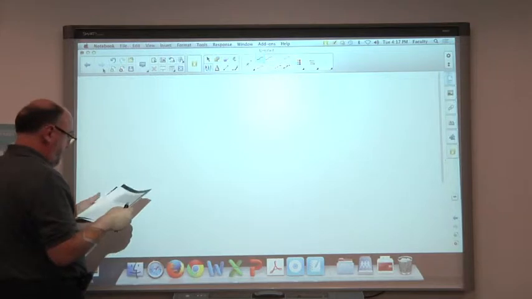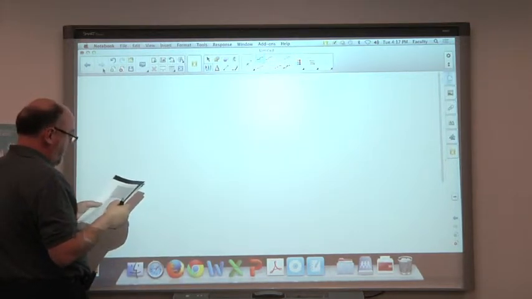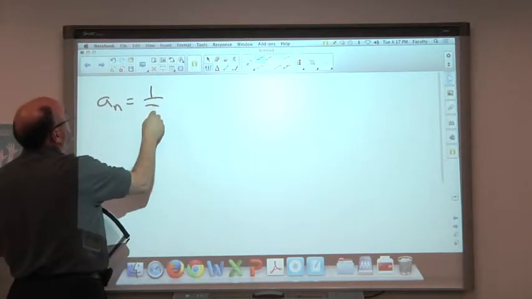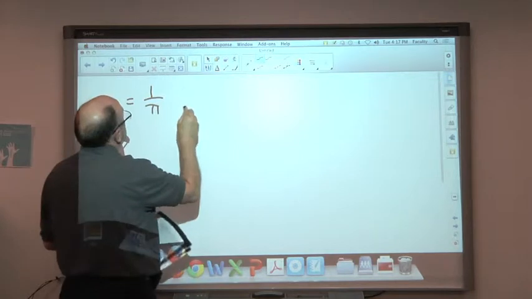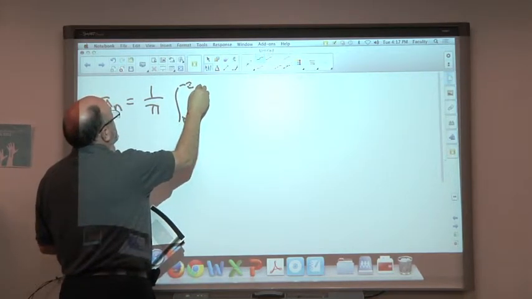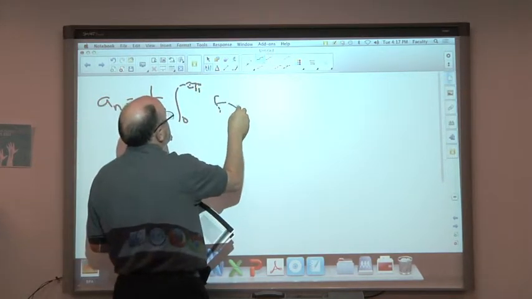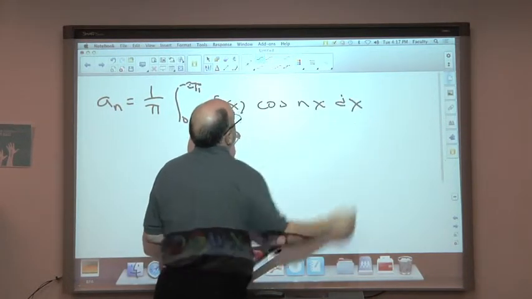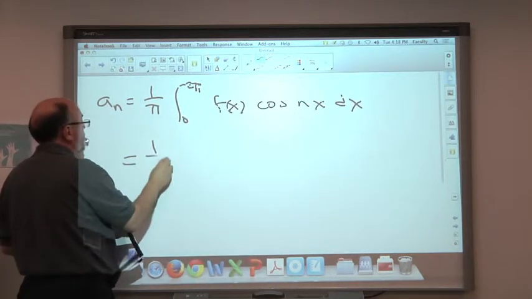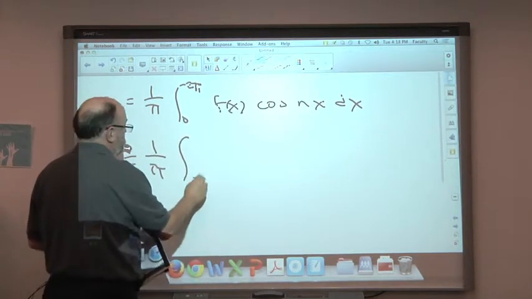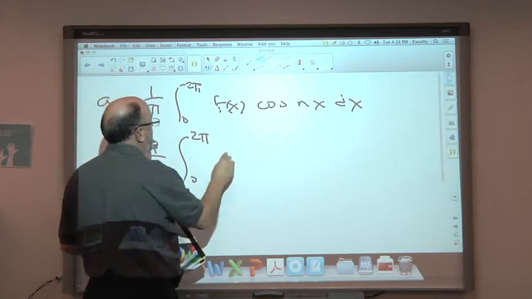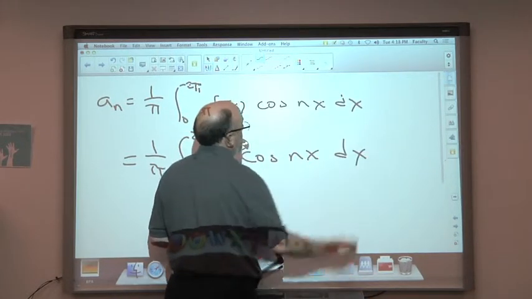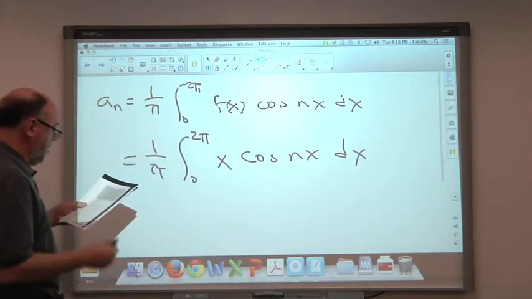Our formula for finding a sub n was given by 1 over pi, integral 0 to 2 pi, f of x cosine nx dx. So in our example here, we've got 1 over pi, integral 0 to 2 pi, f of x is x, so x cosine nx dx. And again, n are our counting numbers.